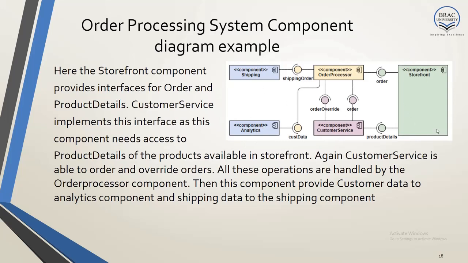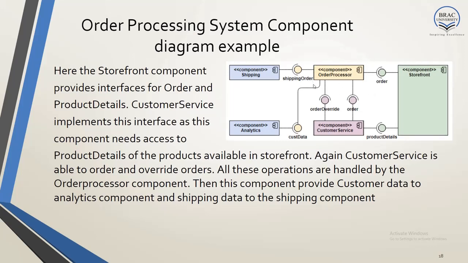The storefront component provides the order and the product details interface, and the customer service also provides the order and order override interfaces. The order processor component deals with all the operations related to an order, so this is the part where all the orders are being processed.